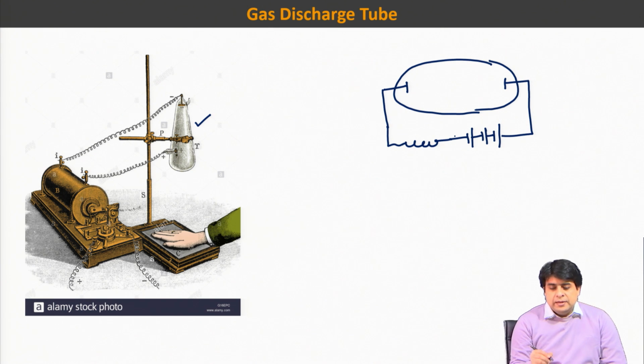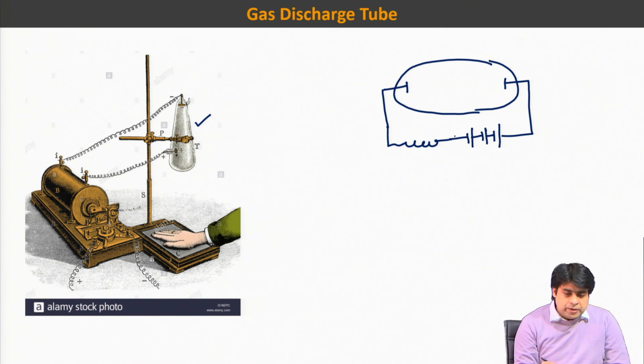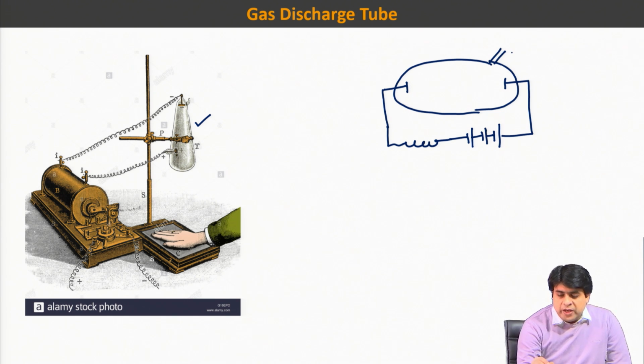This Crookes apparatus is called a gas discharge tube. Because he was interested in low pressure and high voltage, he removed most of the air present inside this gas discharge tube.